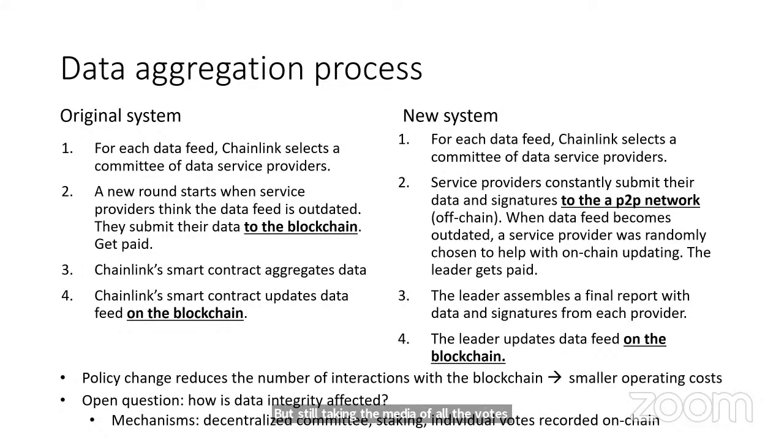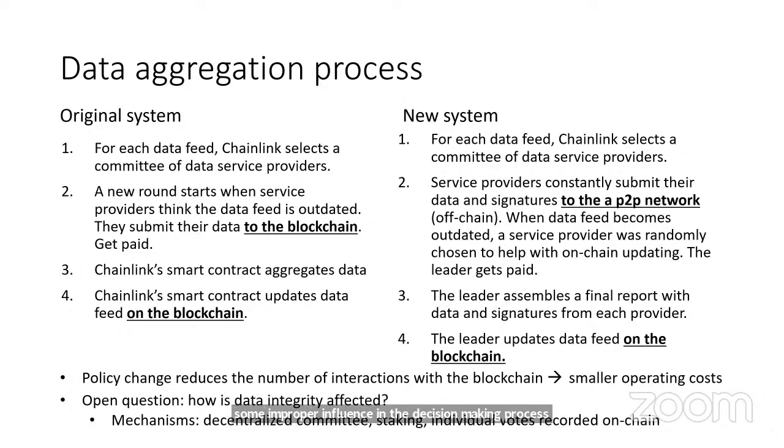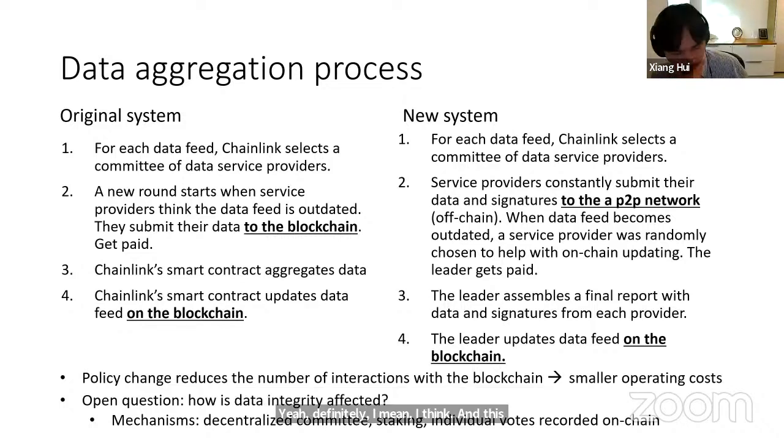A very short follow-up, you can answer that later as well. I don't know if you're familiar with the median voter theory in public choice. Basically it's saying that, especially when the transaction is not simultaneous, there is room for rent seeking or some improper influence in the decision-making process. And I wonder if this can affect the new system. Yeah, definitely. I think this is the cool part of thinking about blockchain systems: there's a lot of room for market design and mechanism design questions.